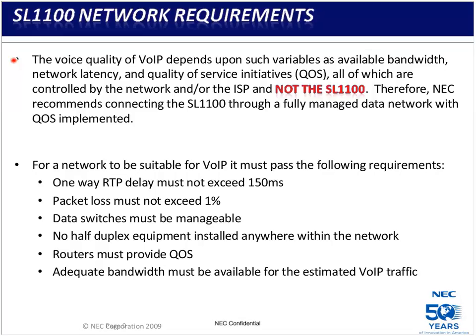For instance, if somebody is going to deploy an SL1100 system and have two remote phones, maybe one at the business owner's house and another at their vacation home, the network demand for that type of voice over IP application is a lot different than the network demand when you're deploying a 6-line system with 24 voice over IP phones on it, right?